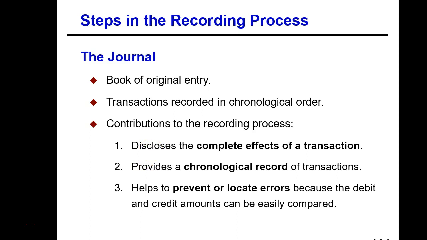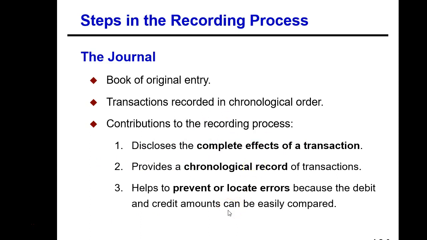So if I paid cash for supplies, I want to record the entire transaction. If I provided a service and received compensation, I make sure I record the entire effect of that transaction. And I'm going to keep those transactions in chronological or date order.